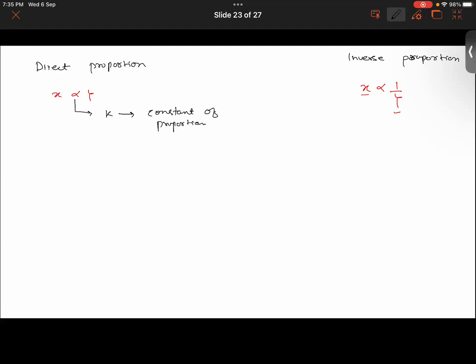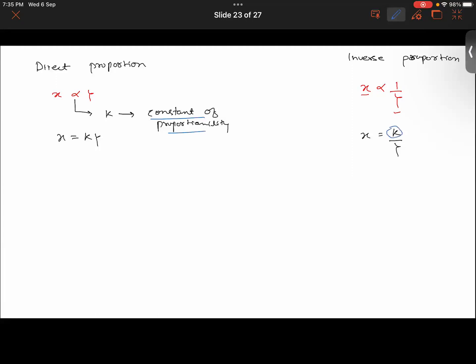So you can write x is equal to k into y. In this case you can write x equals k upon y. K is the same here; it is also the constant of proportionality.